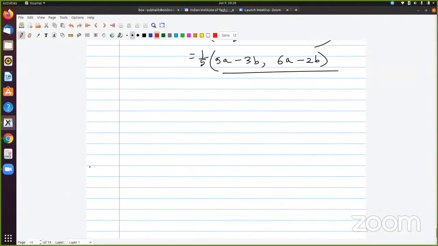Can you tell me the equations? 2x plus 3y is equal to A, 5x minus y is equal to B, x plus 6y is equal to C. So if I take it as A, B, C.